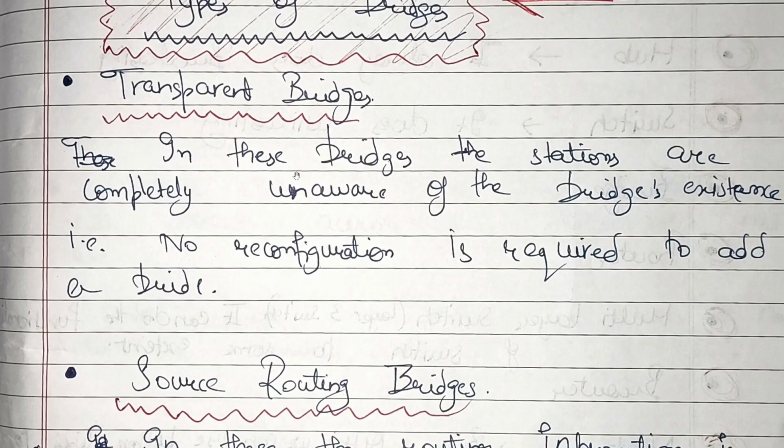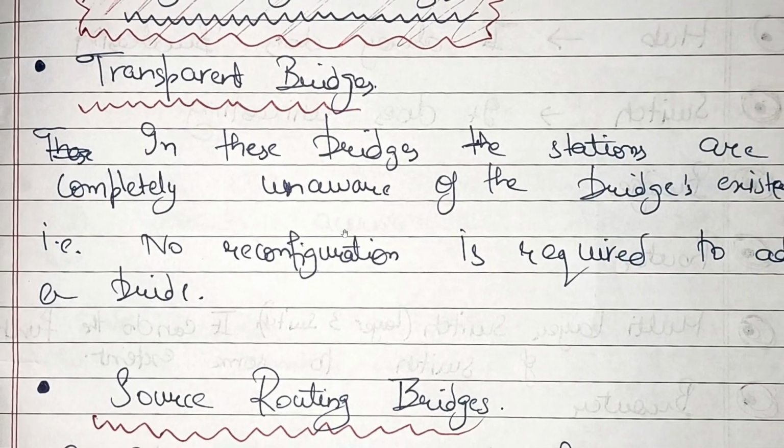Now in these bridges, the stations are completely unaware of the bridge's existence. That is, no reconfiguration is required to add a bridge. I'm sorry, I didn't write the G here, it's bridge. Now what does this mean? If you are installing a transparent bridge, the nodes in the network will not even be aware that there is some bridge installed in the network.